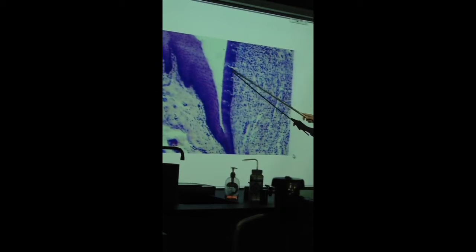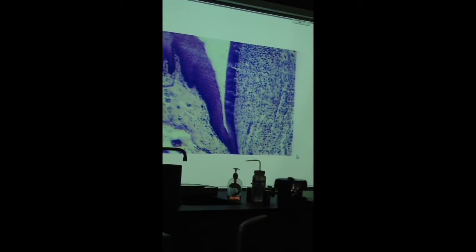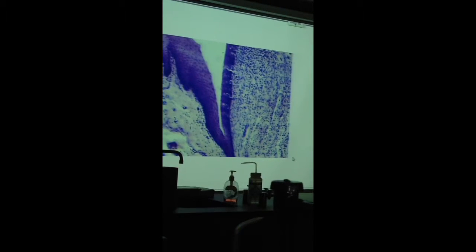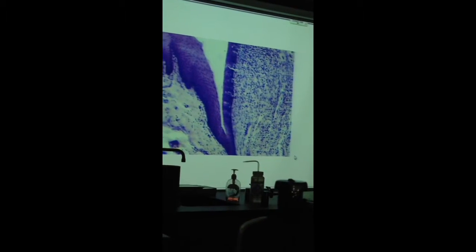These structures, what are these? Goblet cells. What are they? Goblet cells. No, they're not goblet cells. These are taste buds. Somewhat resemble goblet cells.